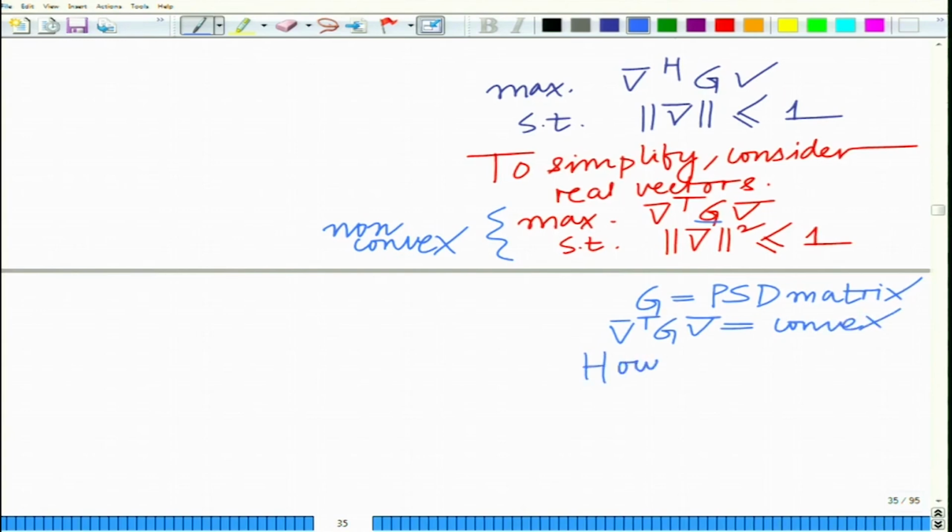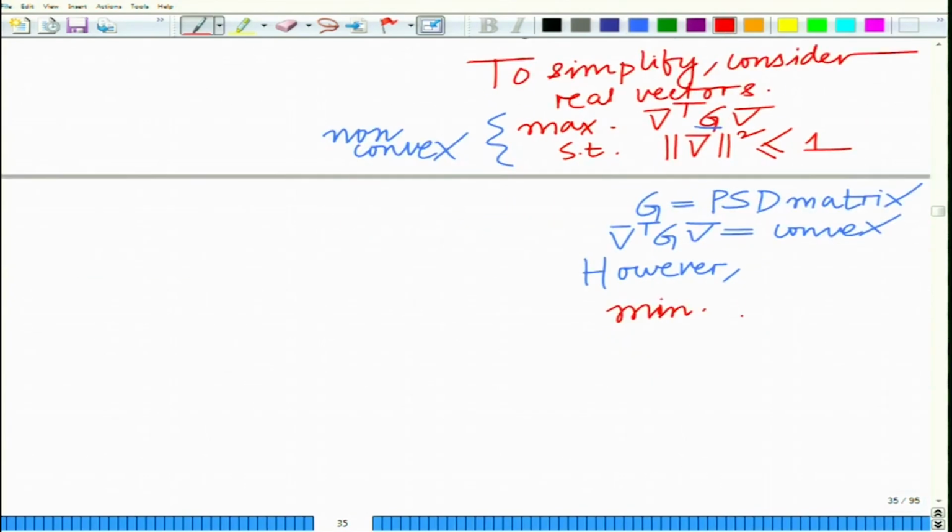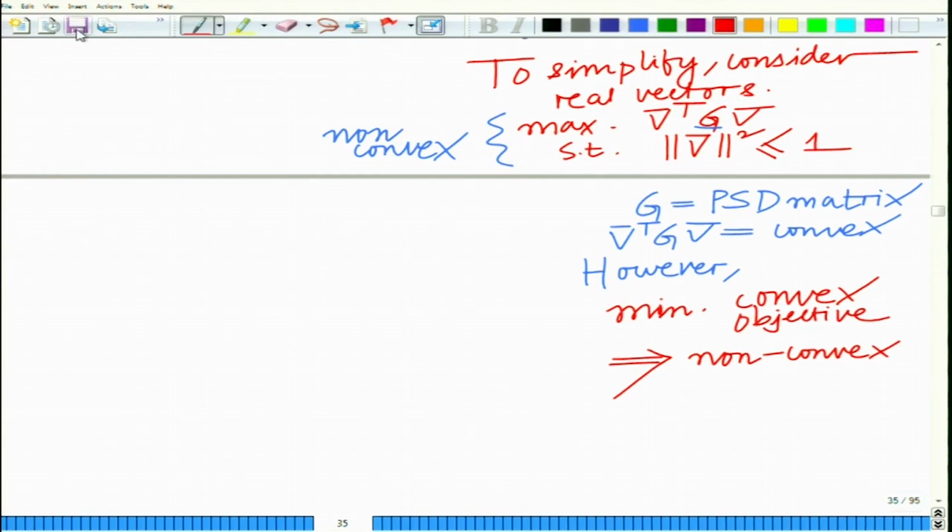However, what you are doing is performing maximization of a convex objective function, which implies that this is non-convex.